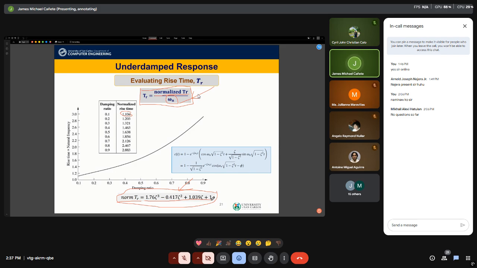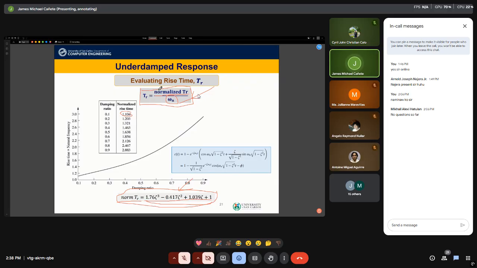But since rise time is case to case, that is, for every system you're analyzing, it is a different rise time. And we can calculate that specific rise time for the system you're working on by getting this value, we call this the normalized rise time, and dividing it by omega sub n. So it is 2 steps to solve for the rise time of any given second order underdamped system.